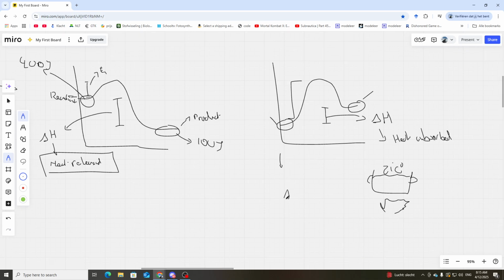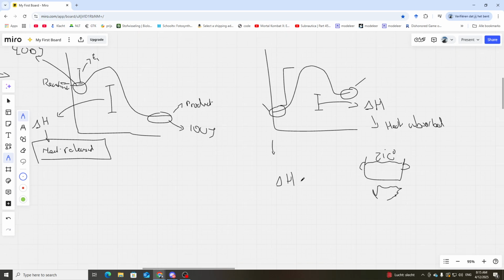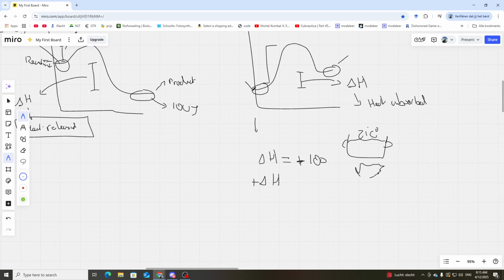This also means that our delta enthalpy is positive. So there's a positive number over here. An endothermic reaction has a positive delta H because we are increasing the amount of energy in bonds. So a positive difference in enthalpy.